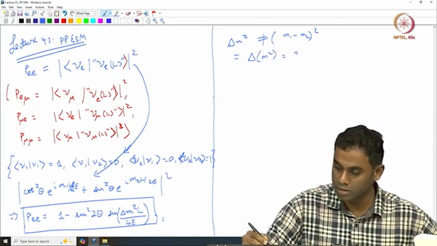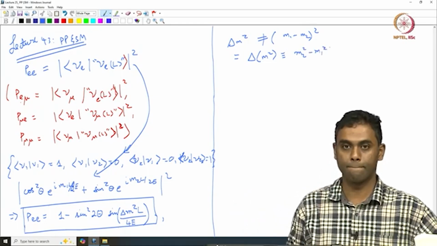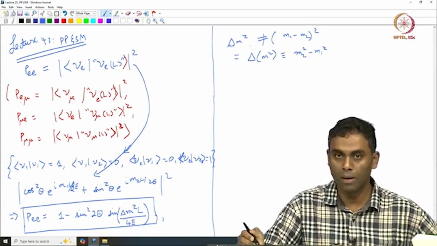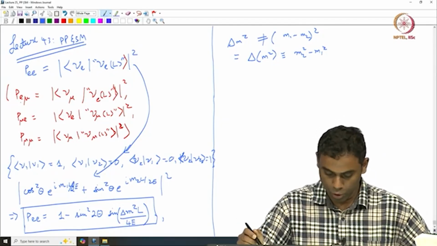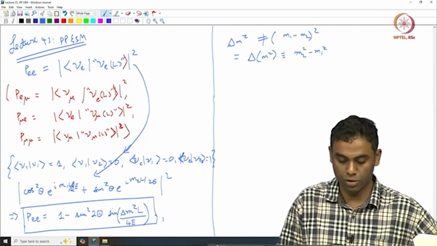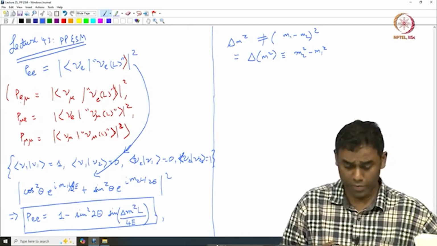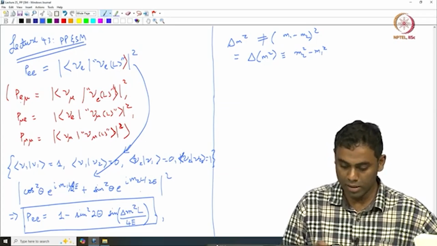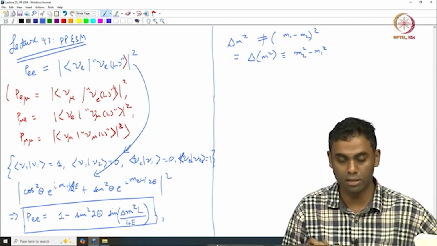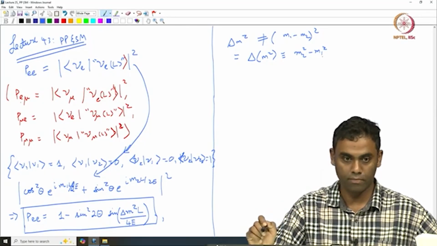In other words, the way we are defining it is m2 squared minus m1 squared. So how do we see that? See, I have an m1 here and an m2 here and then I square it. And then in the absolute value squared, I add up these terms or sometimes I subtract these terms and then I get the sine, and eventually I will end up with exactly this.